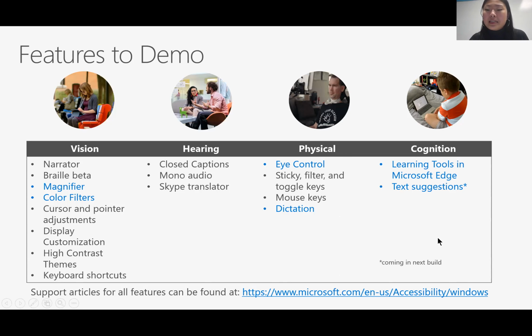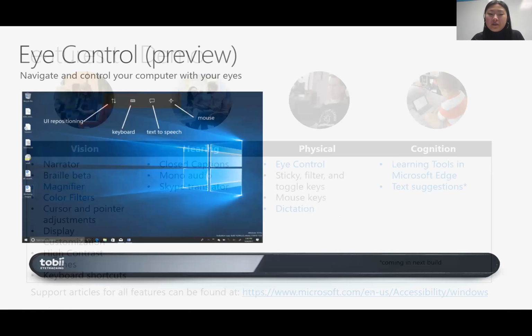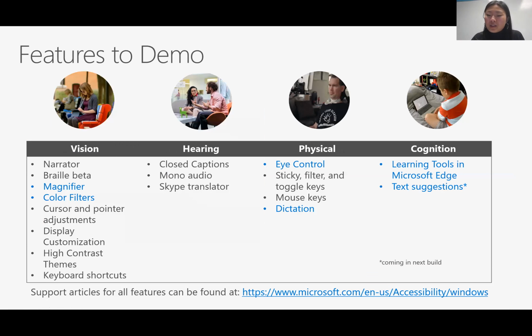I'm also going to be demonstrating learning tools in Microsoft Edge, as well as text suggestions, which is coming soon. First I want to set the context on some of these features before we dive into them, because I'm going through 6 demos, and at any point, if I'm going too fast, feel free to just stop me and let me know. But let me give you some context before I actually dive into those.